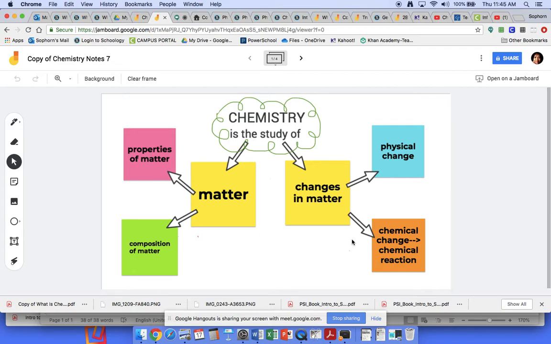So that's the basic stuff. We will spend more time studying properties and composition. We will spend more time studying the changes in matter. Okay? So, right now, that's what I need you to understand with chemistry.